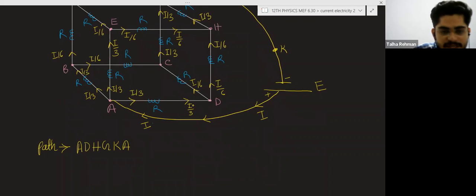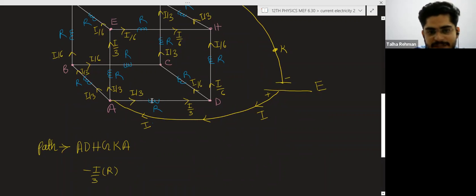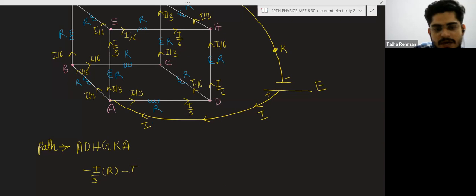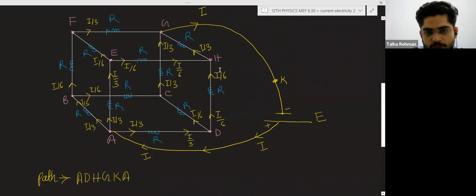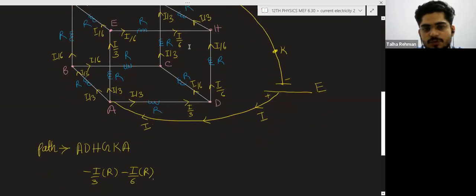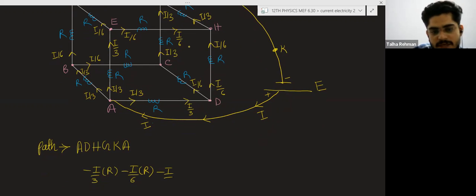So this will become minus I_Y3 into R. Now from D to H, current is I_Y6, resistance is R, and you are moving in the same direction, so you will take this as minus I_Y6 into R. Then from H to G, you will write minus I_Y3 into R.